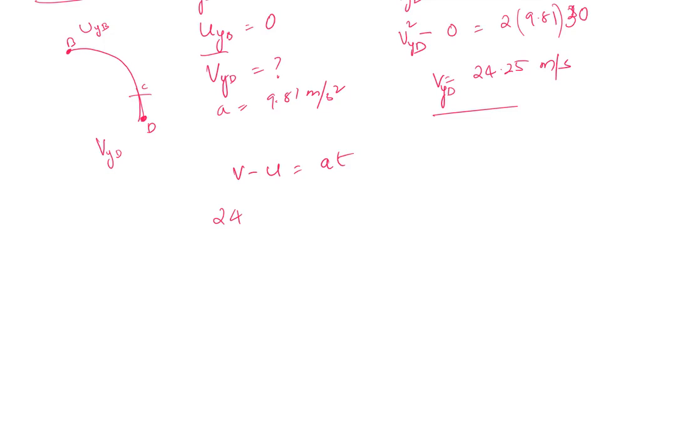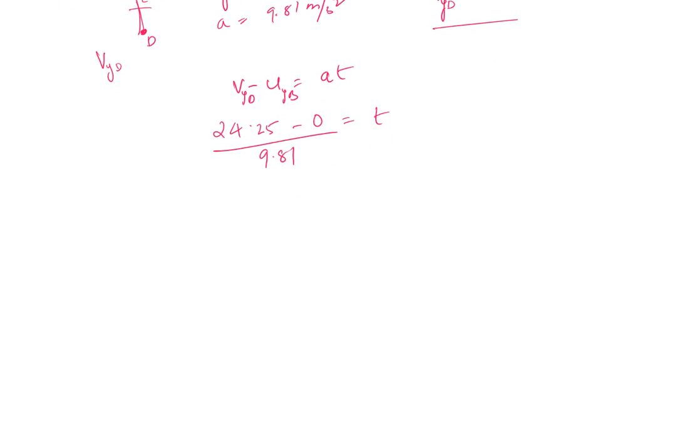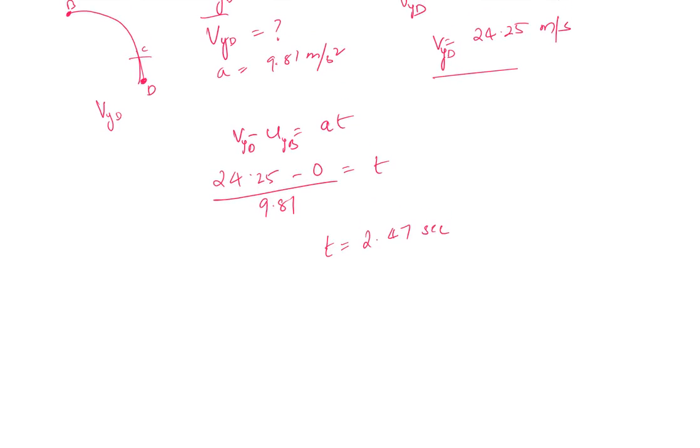Let's put the subscripts y, D, B. So 24.25 minus 0 is equal to 9.81 times t, so t is 24.25 divided by 9.81, which is 2.47 seconds. So what should we call this t? Call this t_BD. That means from B to D.